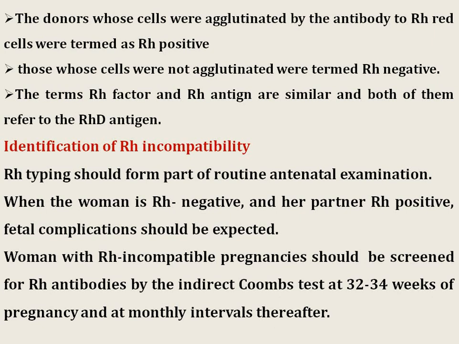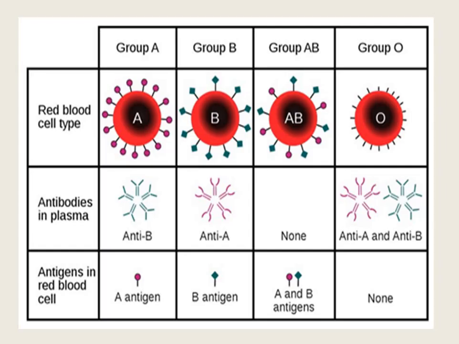Women with Rh incompatible pregnancy should be screened for Rh antibodies by the indirect Coombs test at 32 to 34 weeks of pregnancy and at monthly intervals thereafter.